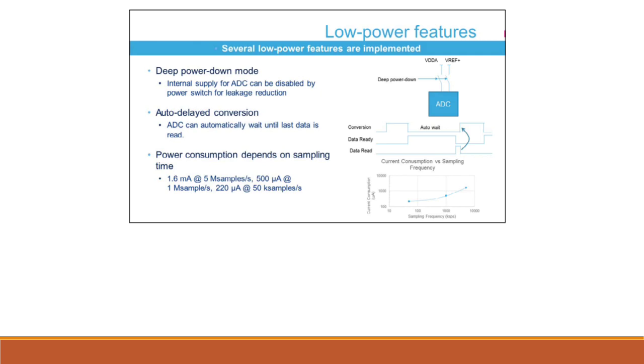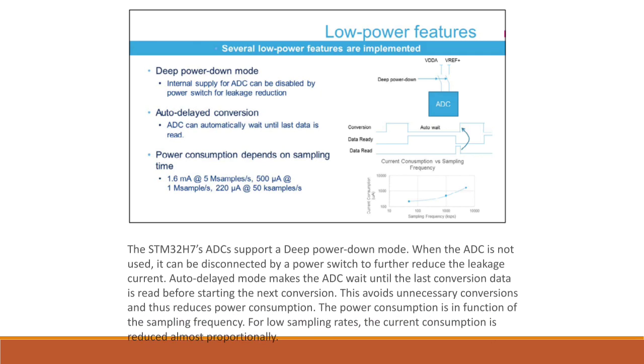Auto delayed mode makes the ADC wait until the last conversion data is read before starting the next conversion. This avoids unnecessary conversions and thus reduces power consumption. The power consumption is a function of the sampling frequency. For low sampling rates, the current consumption is reduced almost proportionally.